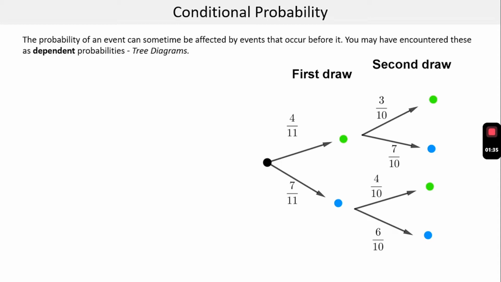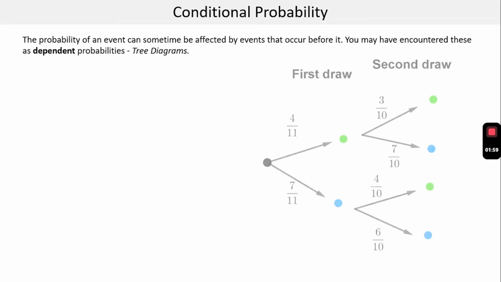So if I pick green the first time round, a green on the second draw is 3 out of 10. If I do not pick green the first time round, a green on the second draw is 4 out of 10. So this was a dependent tree diagram, or a tree diagram without replacement.